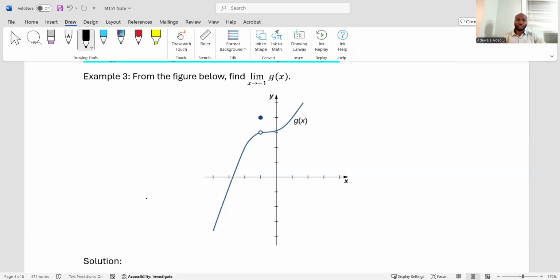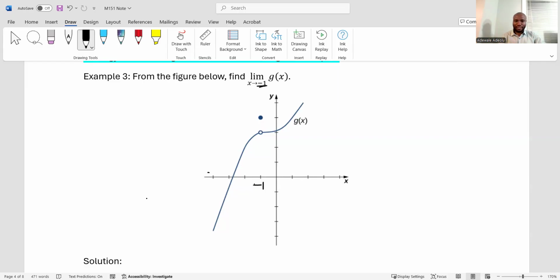So what is the limit? The question you need to ask yourself is, where is x trying to get to? X is trying to get to -1. Now, where is the function itself, the y values? Where is it trying to get to? Then you look at it on both sides again.